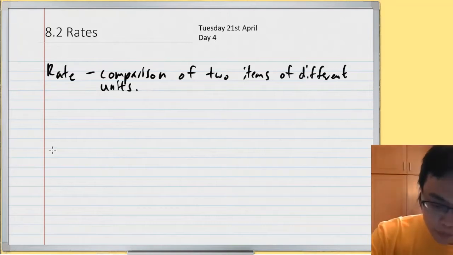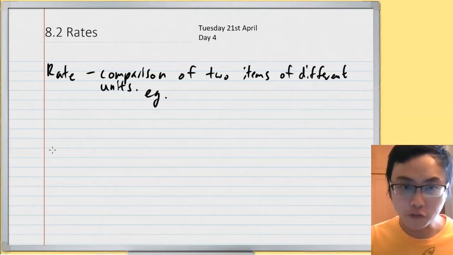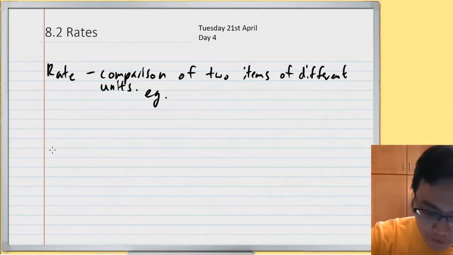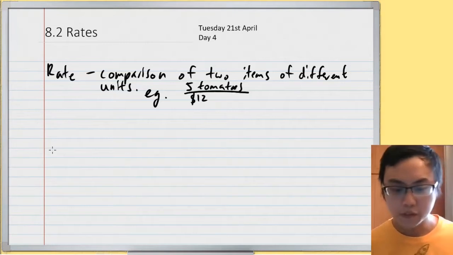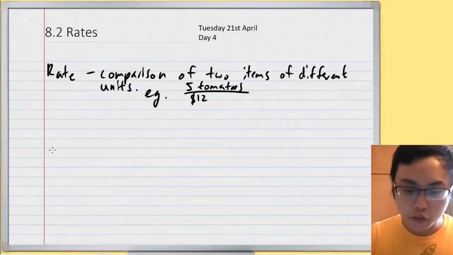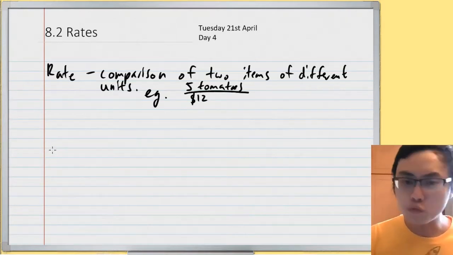So, for example, if I'm talking about tomatoes for $12, that's going to be 5 tomatoes per $12. So that's a comparison, tomatoes to $12. Now this is a rate.